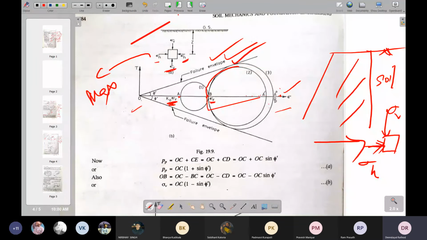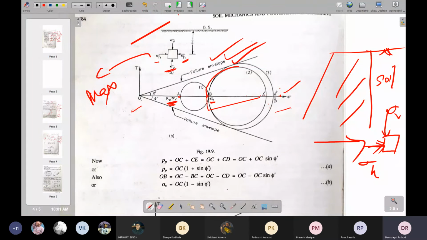A, B, C. Let me check the previous one. Here this is A, B, C. Which can be OC?